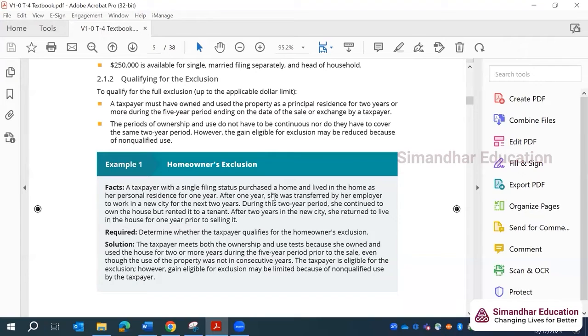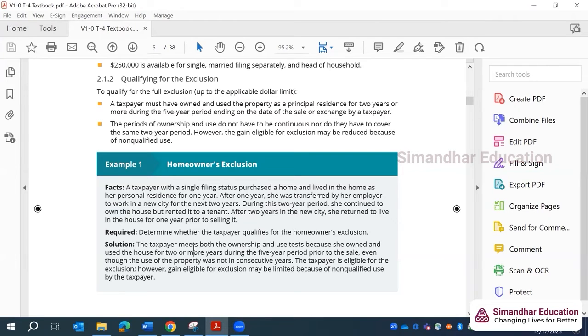After 1 year, she was transferred by her employer to work in a new city for the next 2 years. During this 2 years period, she continued to own the house but rented it to a tenant. After 2 years in the new city, she returned to live in the house for 1 year prior to selling it. So in this example, has the taxpayer met both the ownership test and the use test?